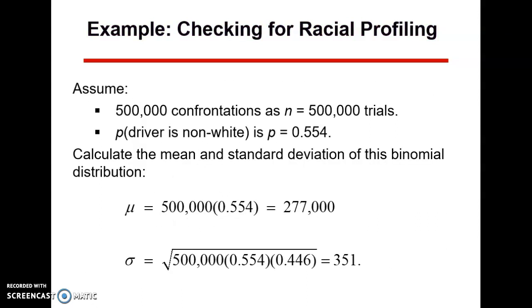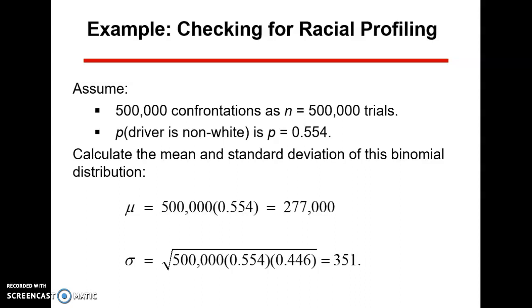Well, let's assume those 500,000 confrontations are the same as trials. And you have a probability of someone being non-white of 0.554. So that means the probability of them being white is 1 minus 0.554. We can calculate the mean and the standard deviation using a formula. The mean is approximately 277,000, and the standard deviation is about 351.